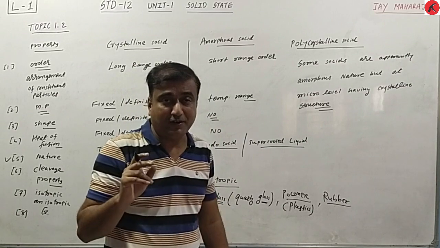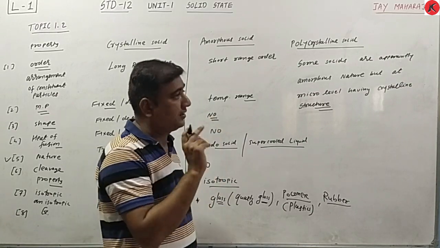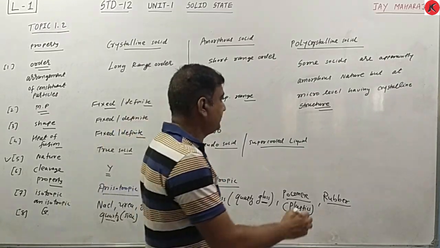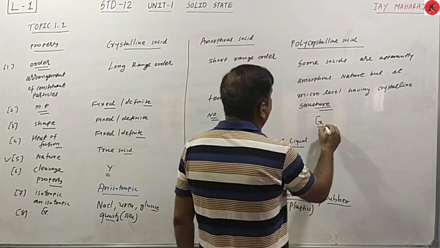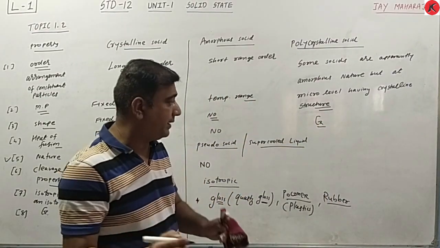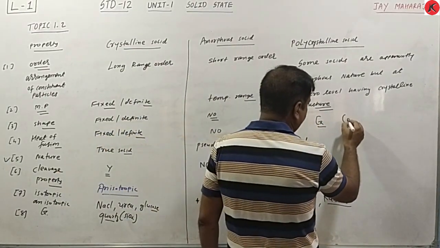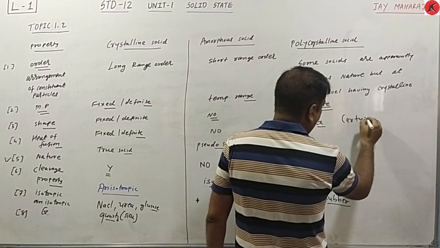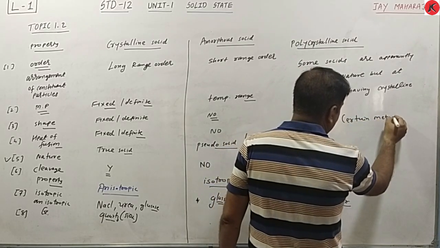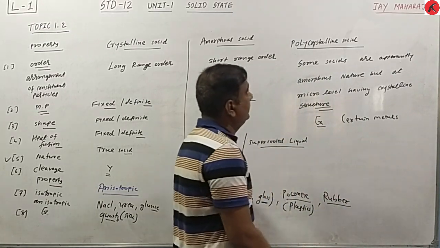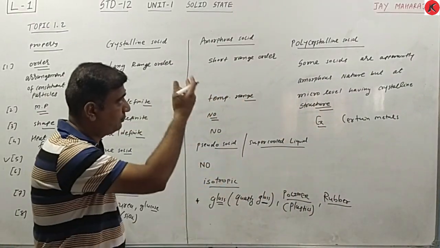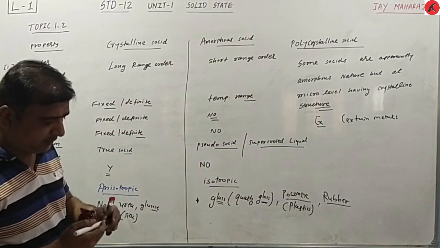This type of solid is known as polycrystalline solid. An example of polycrystalline: certain metals possess sometimes polycrystalline nature.